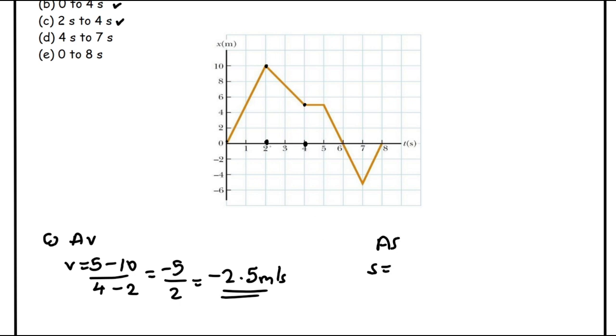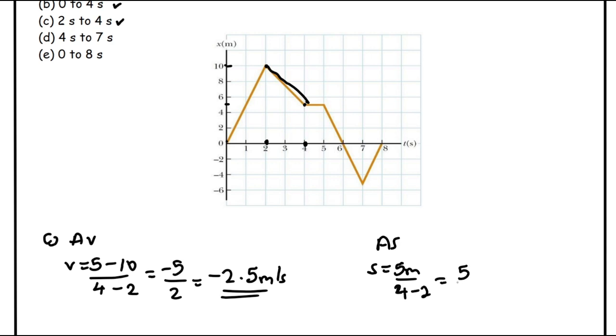Next, we want to get the average speed. The total distance that he moves between 2 and 4 seconds is 5 meters, so he goes from 10 down to 5. So this becomes 5 meters over the time interval, 4 minus 2.